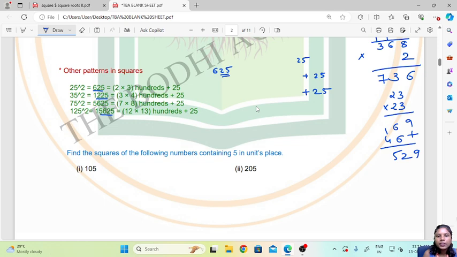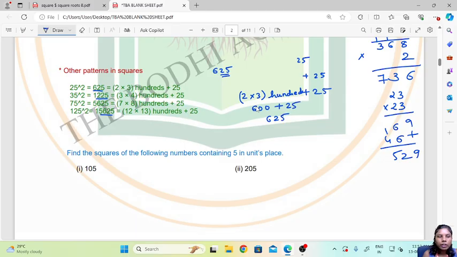Now 6 is a product of 2 into 3, so 2 into 3 hundreds. Why hundreds? Because our number is in the hundreds value, correct? So if you multiply this, 3 twos are 6, and because of 100 we add 2 zeros, plus you do 25, so we'll get 625 here.